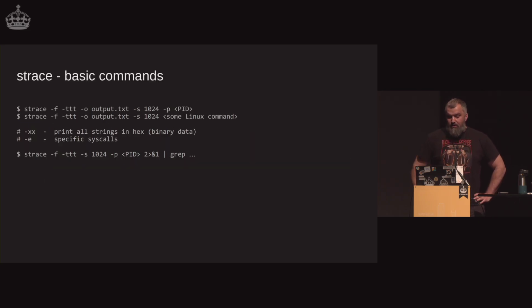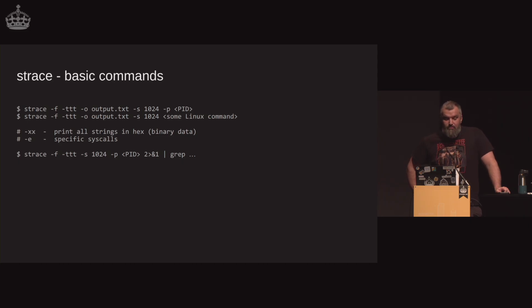So how does it work? You can either attach to an already running process, or you can launch some Unix commands under this tool. There are a couple of parameters that I typically use. Number one is -s and some number. By default, it prints strings which are truncated to fit the screen, but I oftentimes need larger output to understand what's happening, so I increase this output.